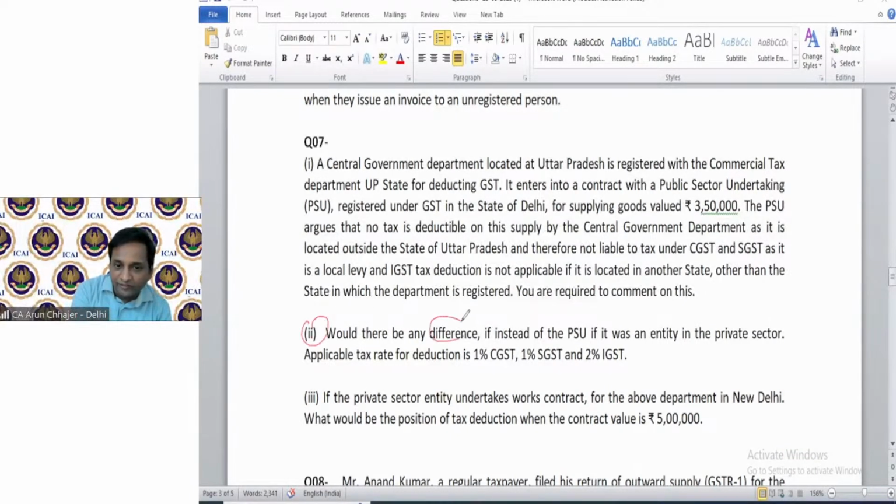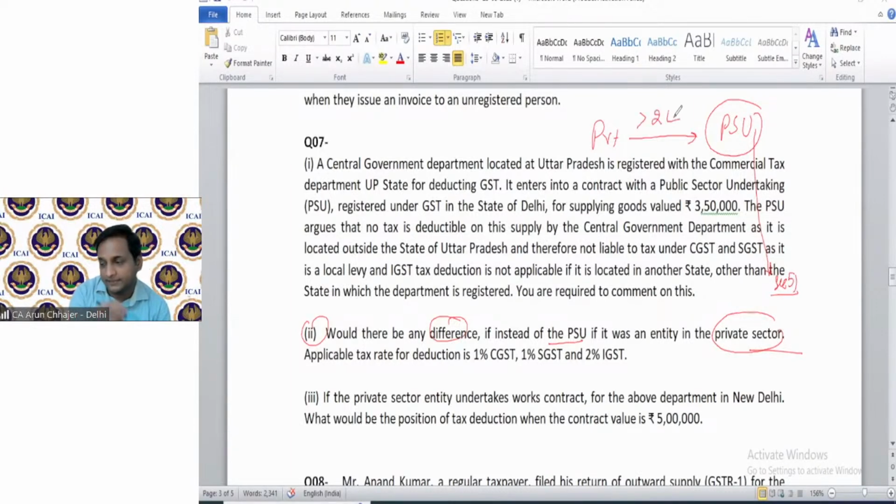Would there be any difference if instead of the PSU it is a private sector? 100% difference, because the private sector is not covered in the relaxation. If the private sector is making the supply to the PSU and the PSU is covered by section 51, and therefore if the amount exceeds 2 lakh, then the PSU has to deduct the TDS at the rate of 2% on all inward supply other than exemption.